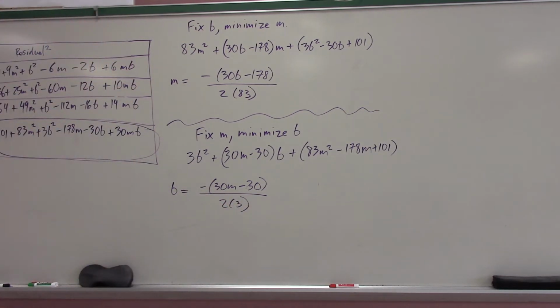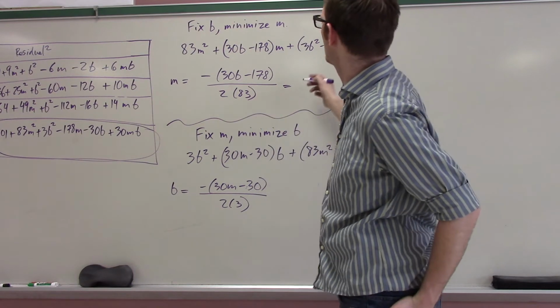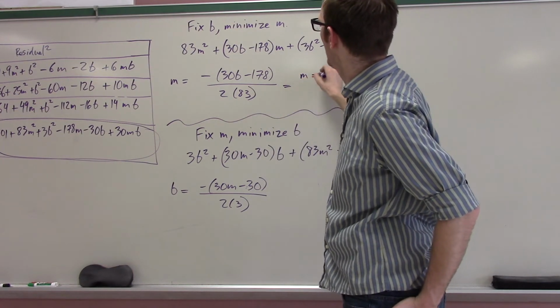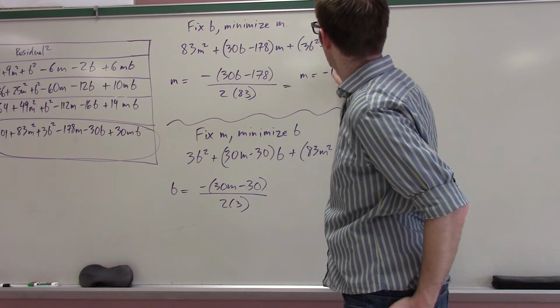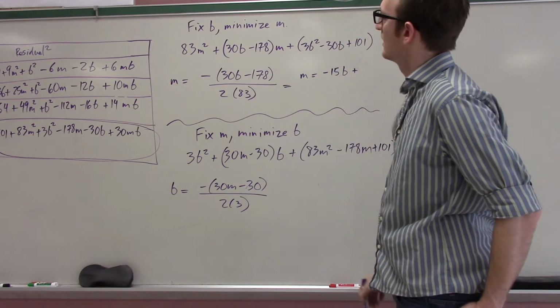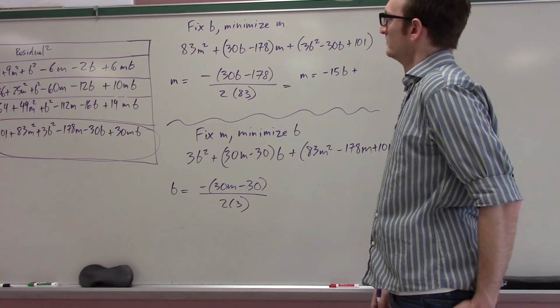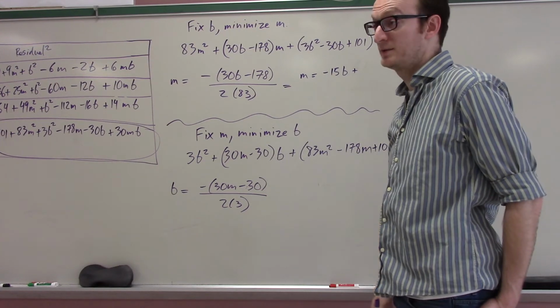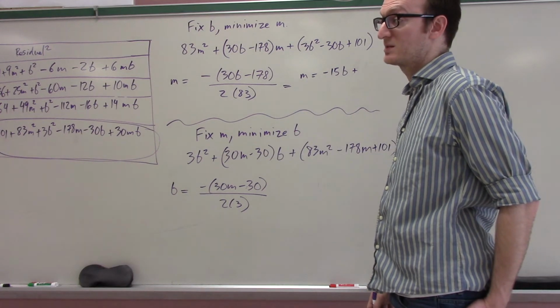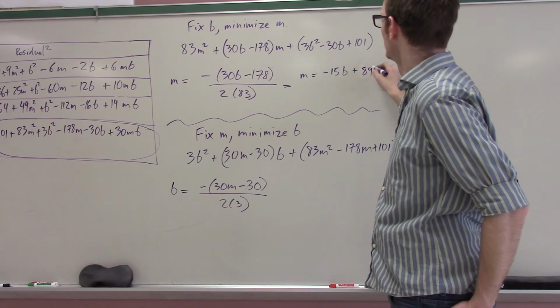Okay, so transforming this slightly, let's see. I can divide through by 2. So I get m equals negative 15b plus half of 178 is something. 89? Yeah, hope so.